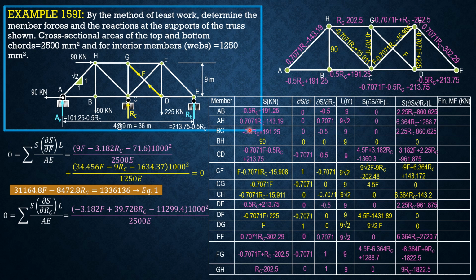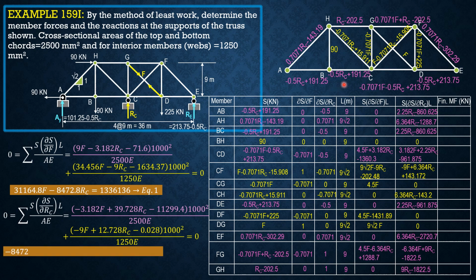For AH, 0.7071 RC, so times 205.428 minus 140.19, and you will have 2.068. For BC, negative 0.5 of RC plus 191.25, so it is equal to AB, 88.536. Then BH, it's 90.